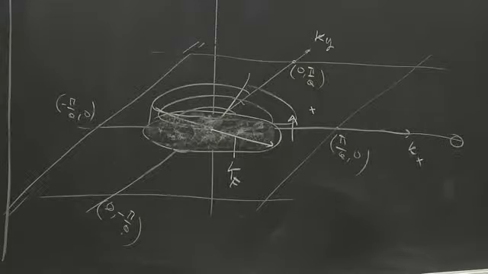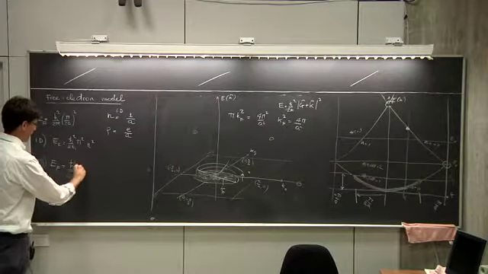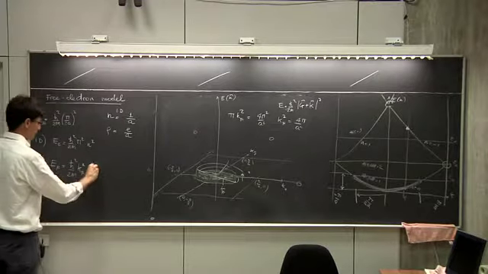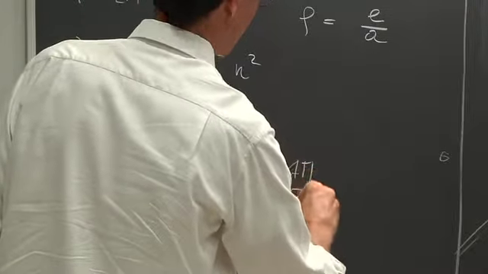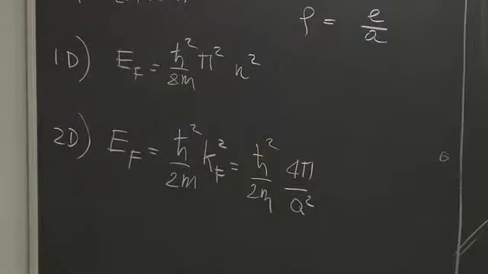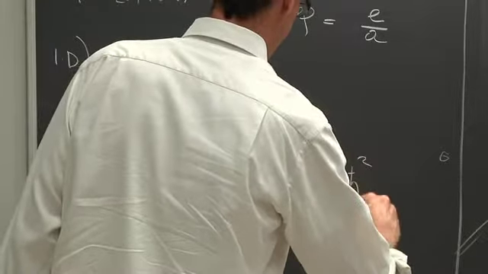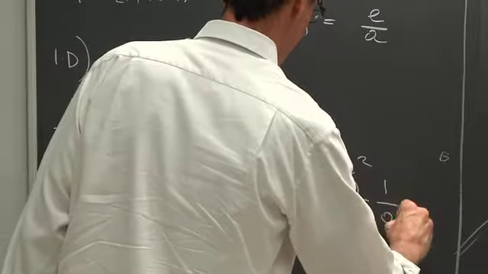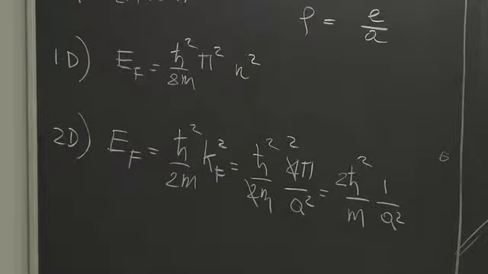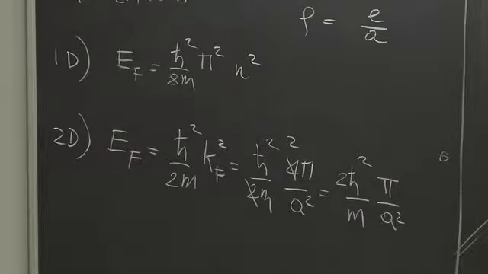So in 2 dimensions, the Fermi energy is h squared over 2m Kf squared, or h squared over 2m 4 pi over a squared. There's a pi. Okay?